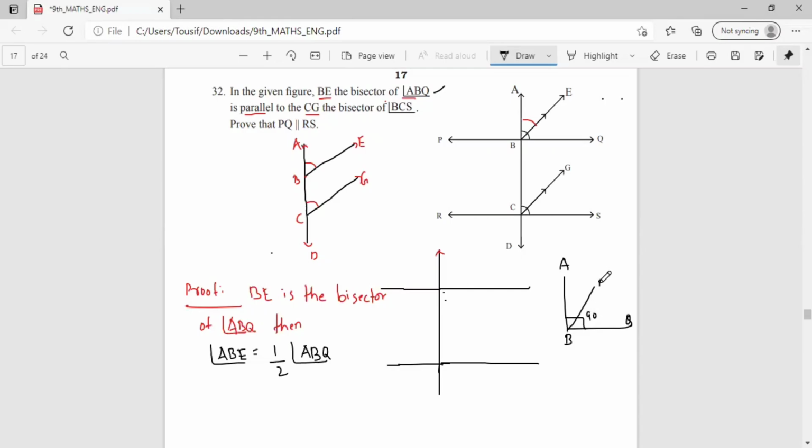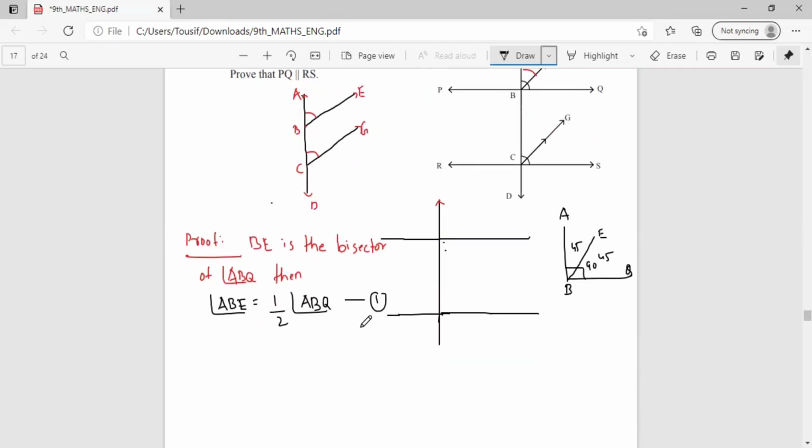Now we'll be drawing a bisector. As I said, a bisector is nothing but a line which divides an angle into two equal angles or parts. So this 90 will be divided equally into 45 and 45. So I can say that ABE is half of the whole angle ABQ. So that's what I wrote, and we shall mark it as our first equation.